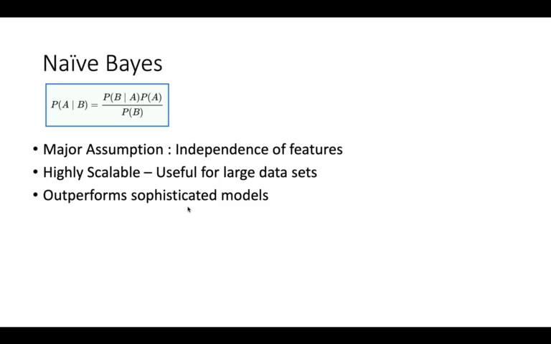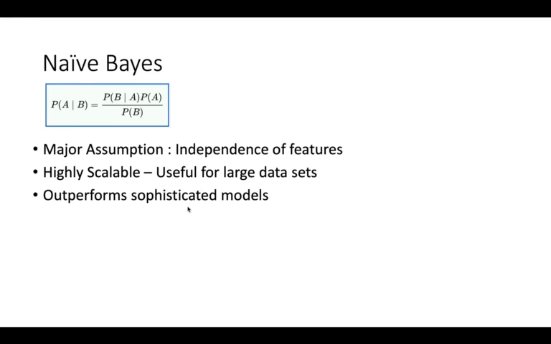So naive Bayes. Bayes theorem is a basic probability concept where you have two events, and if there is a probability of something happening with a condition, you can predict the other event.